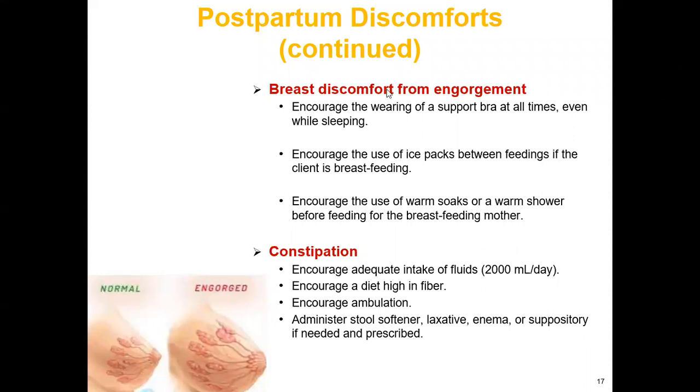And also sometimes mothers have a problem with inflammation of the breast, which we call mastitis. Educate your mother about the engorged breast. Apply moist heat, and also encourage breastfeeding or pumping the breast.